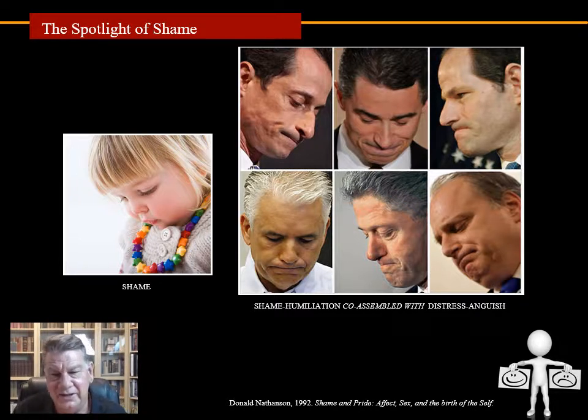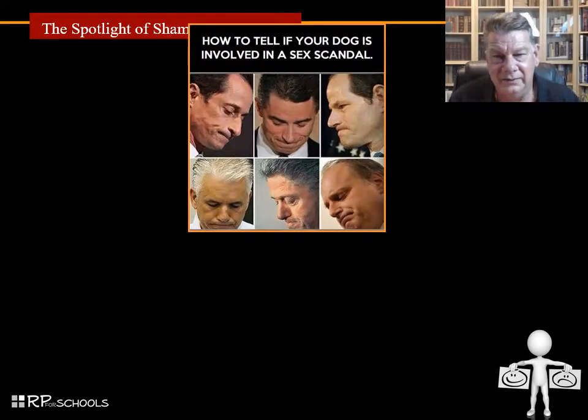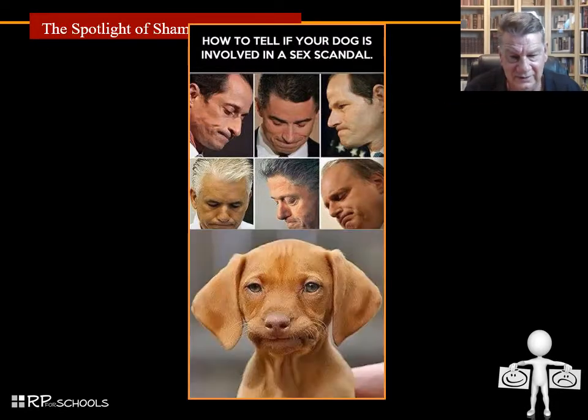But it's of six politicians who were caught in various sex scandals in the US. And in fact, it's become a meme: how to tell if your dog is involved in a sex scandal. Well, he'd look like that. Now, dogs do have affect. And in the next slide, you'll see a dog experiencing and demonstrating shame affect.